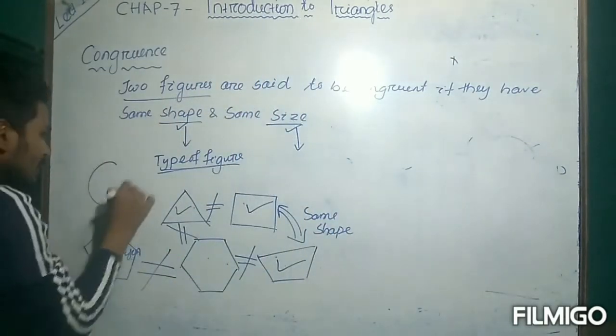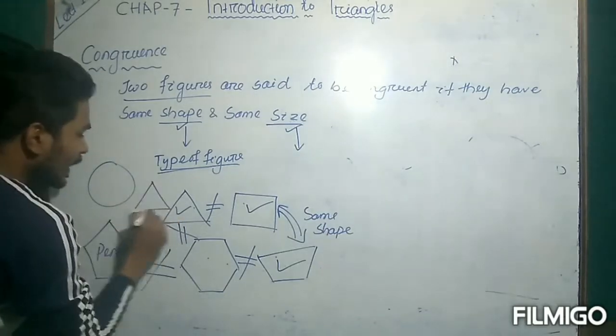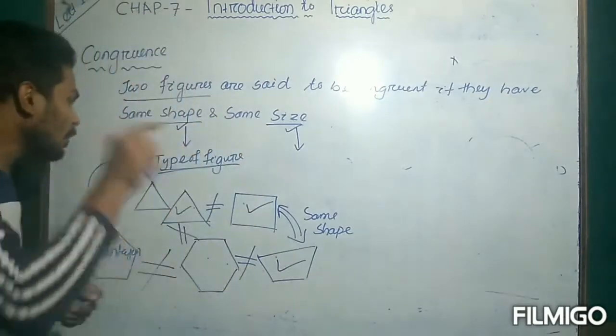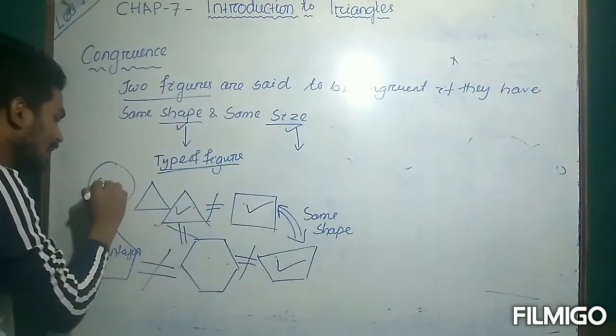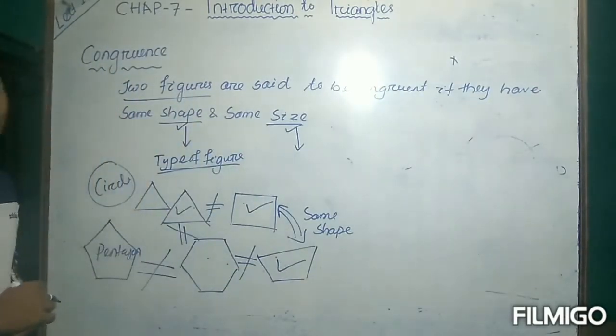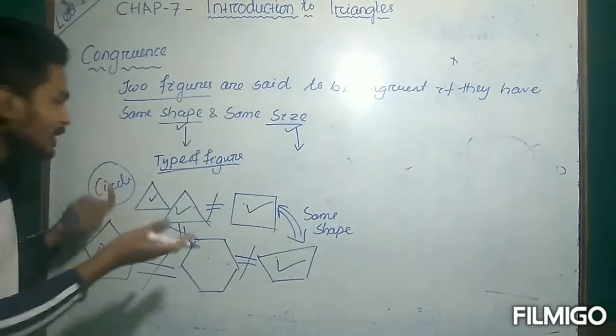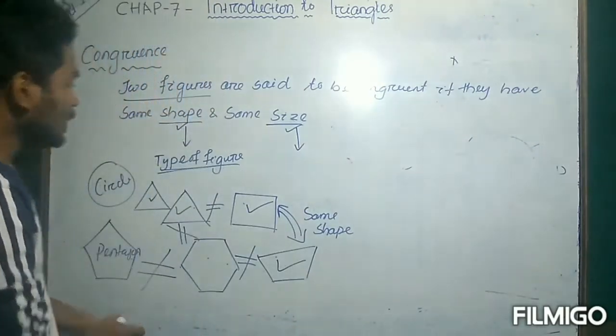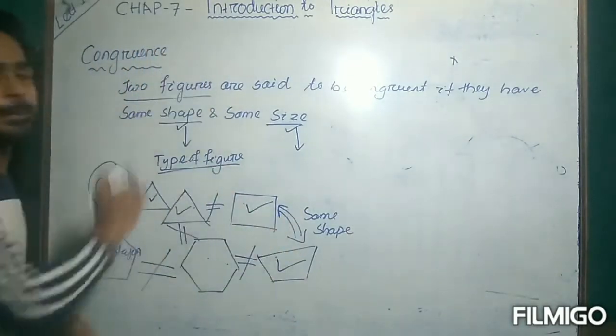If we consider this with this, do these two figures have same shape? No, they don't, because it is a circle and it is a triangle. Understood? So this is the meaning of shape.